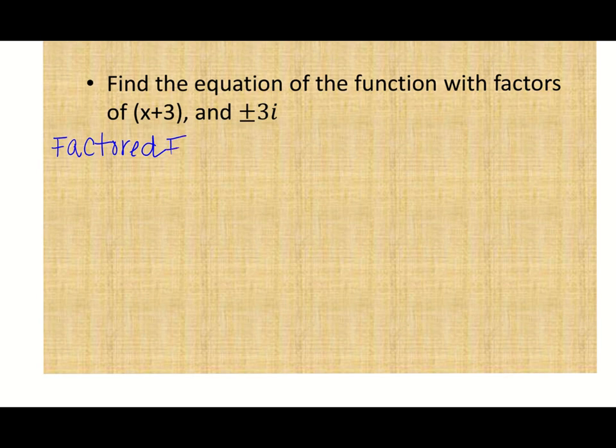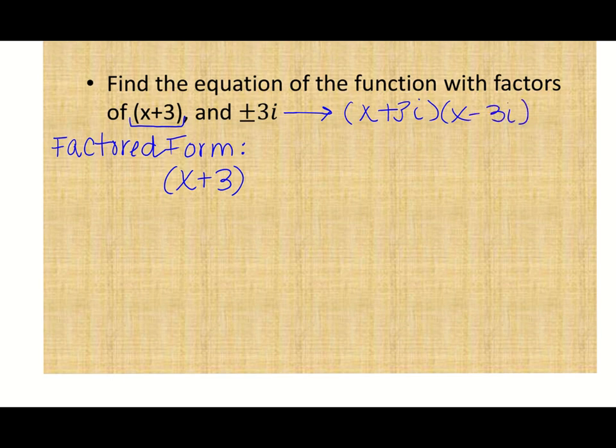So factored form is with our factors. Here we're given x plus 3 already, so I know that's one of my factors. And then I have to find the other one from my complex root. So if I have 3i, positive and negative, I know that I have x plus 3i and x minus 3i.